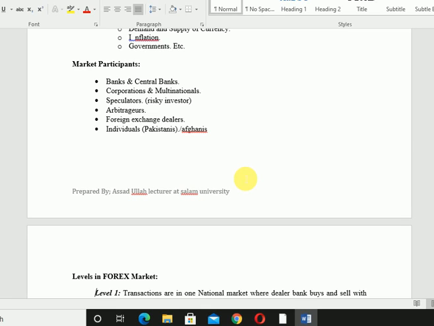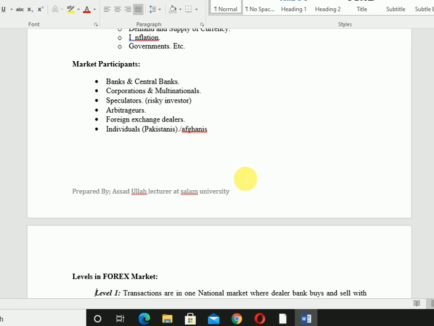Then corporations and multinational companies also engage in buying and selling goods in different countries. So they are trading in those countries' currencies. They need those currencies, so they give one country's currency to another and convert them. They become participants of the Forex market.